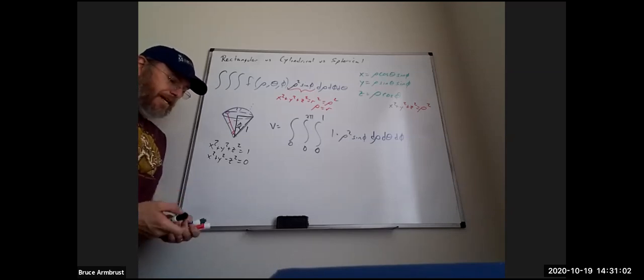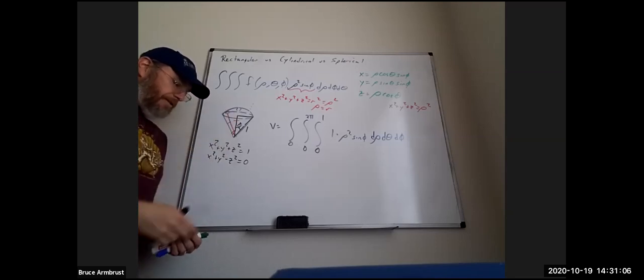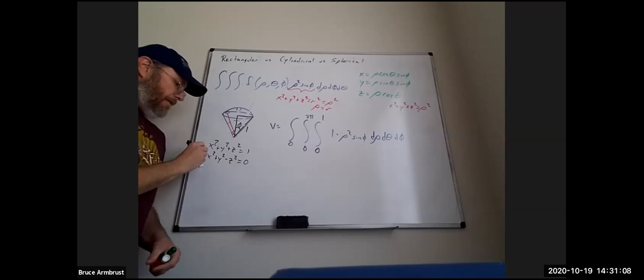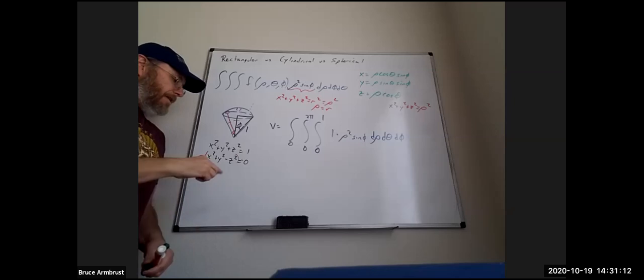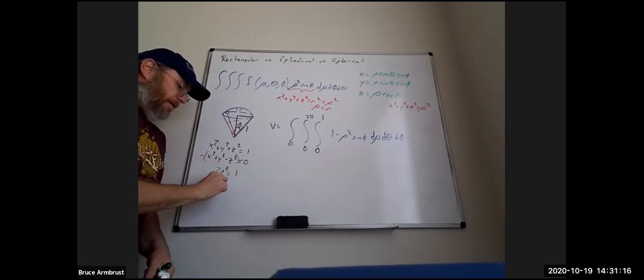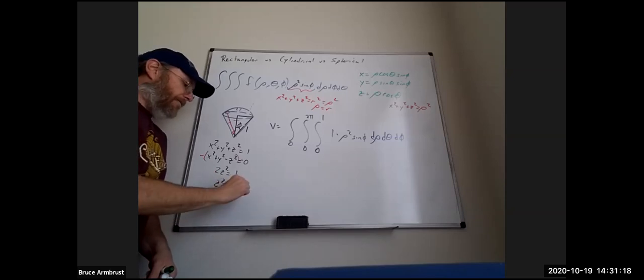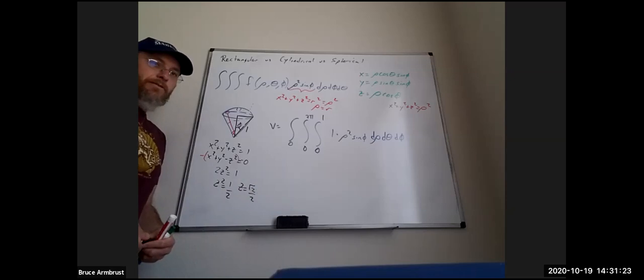So if I want to find the z, because the z is that vertical side, I'll just subtract. So I get 2z squared equals 1, z squared equals 1/2. So z equals root 2 over 2.